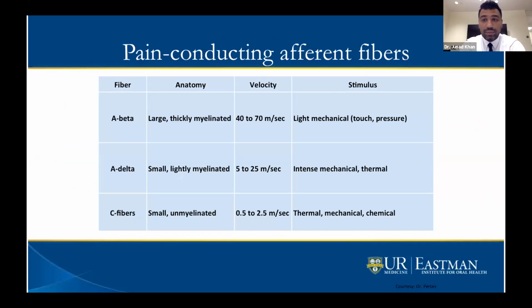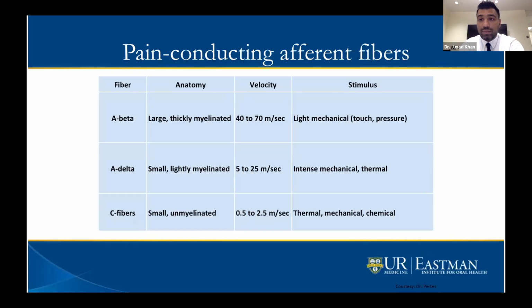There are A beta fibers, A delta fibers, and C fibers. And it's important to understand what the difference is. A beta fibers are large, thick fibers. They're myelinated. And what they do is take the information of light touch. When we have a patient with trigeminal neuralgia or we're doing our examination, we take Q-tips and lightly touch the skin.